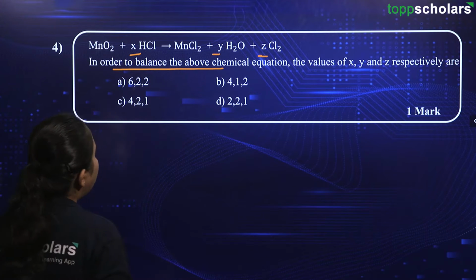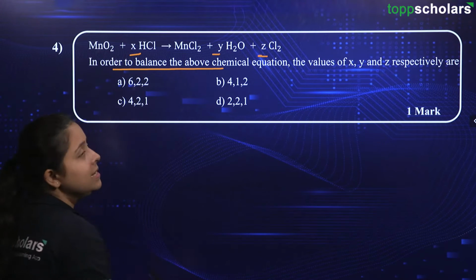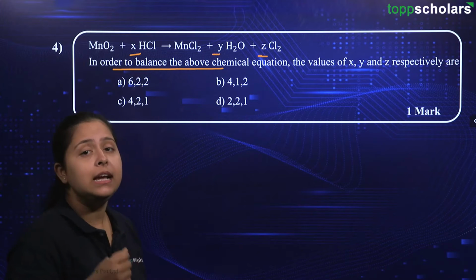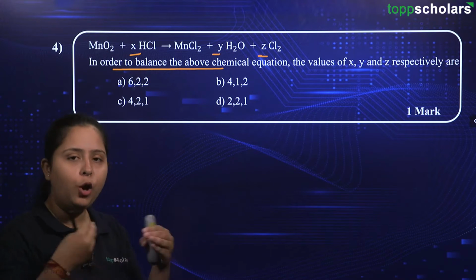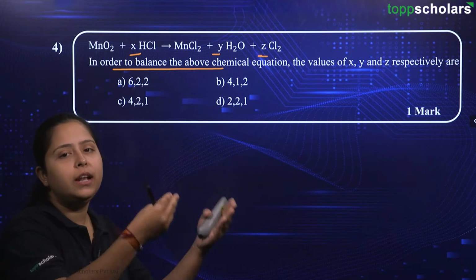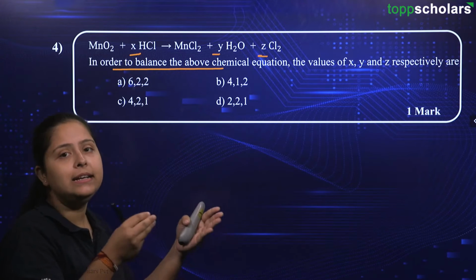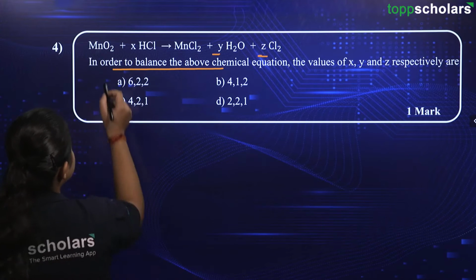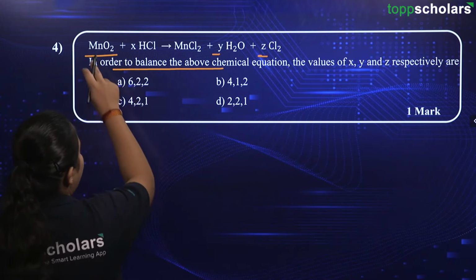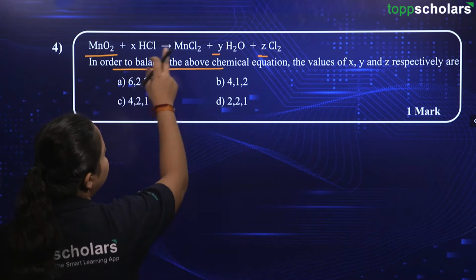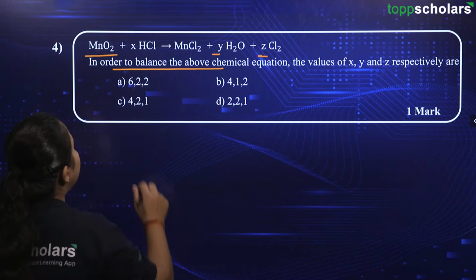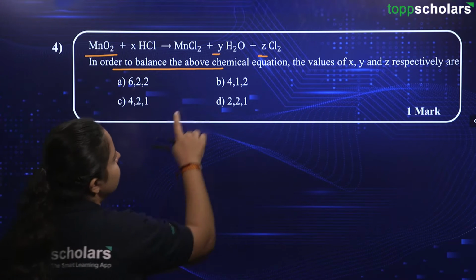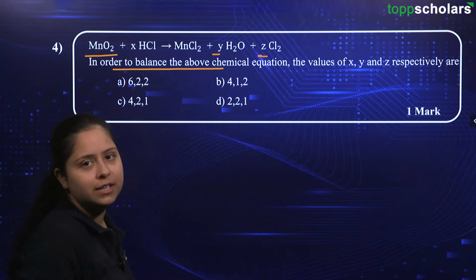Now here we need to balance this chemical equation, which means the number of atoms on the product side should be equal to the number of atoms on the reactant side. While balancing, let us consider MnO2. Mn is in one quantity over here, and also we have 1 over here. But over here 2 oxygen are present and over here only 1 oxygen is present.